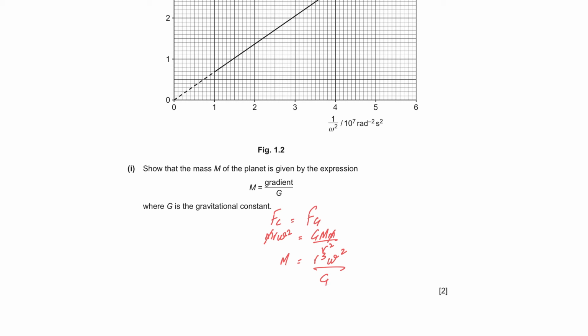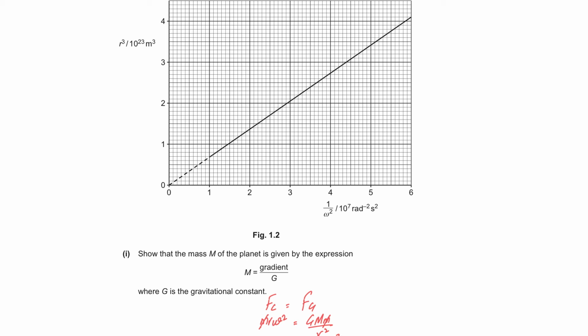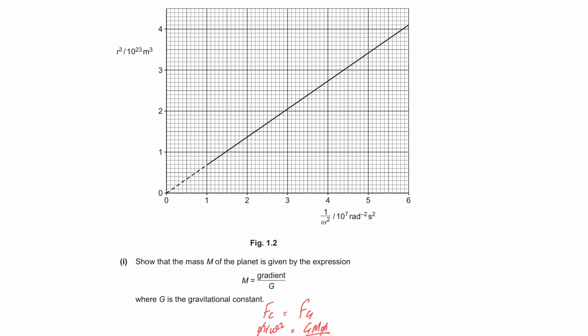Now let's see what the gradient of this line is. Gradient is y2 minus y1 over x2 minus x1, or y over x, or rise over run. Change in y over change in x. So r cubed divided by 1 upon omega squared, this being our y value and this being our x value, that is the gradient of the graph, which can be written as r cubed omega squared.